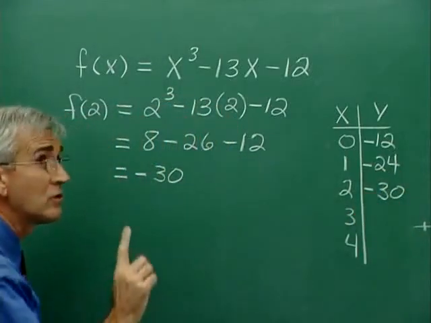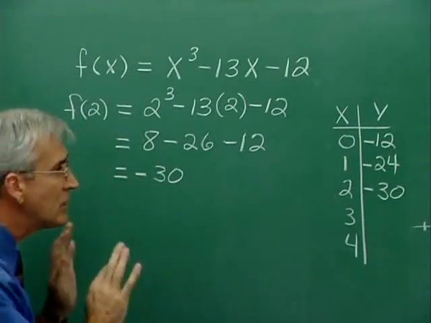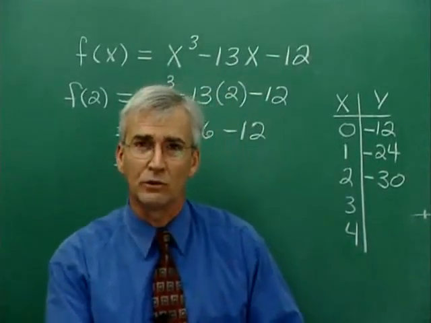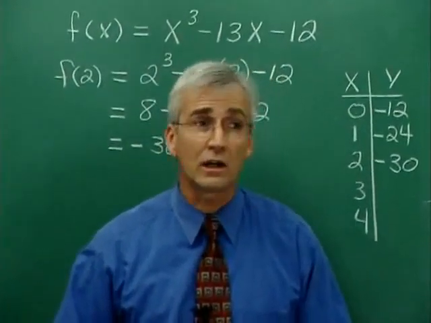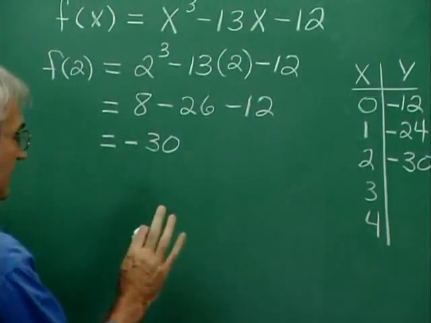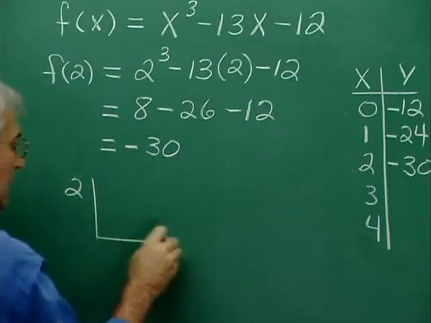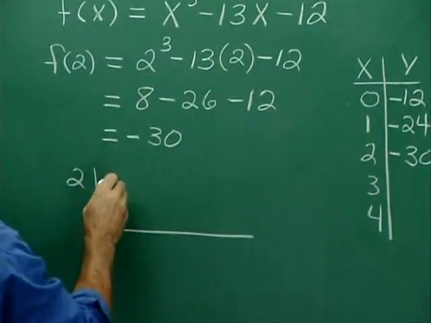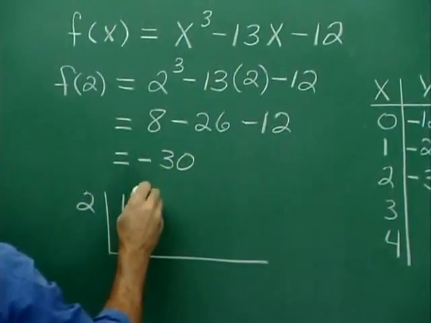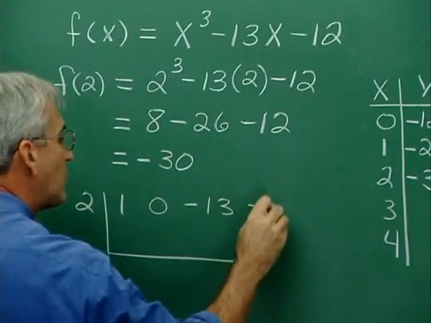But there's another way to find f of 2. Now, this is one of the great mysteries of mathematics that I'm about to reveal to you. So prepare to be awestruck and inspired. If we use synthetic division like this, watch this, it's 2 synthetically into our original polynomial, the 1, now we have no second degree term, so I'm going to use a 0 and then negative 13, negative 12.